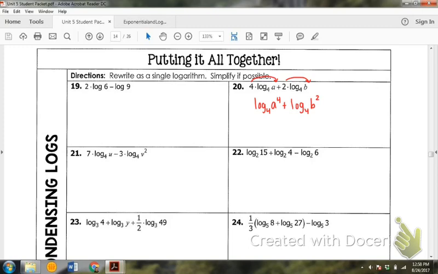Good. That's the first step. Then this is an addition problem, and addition turns into what, Daniel? Good, multiplication. So Daniel, why don't you clean it up for me? What's it going to look like? Log to the base of 4, then parentheses A to the 4th power times B squared. Perfect. Anybody else agree with that? Have that on their paper?